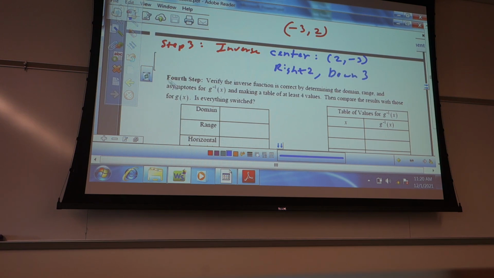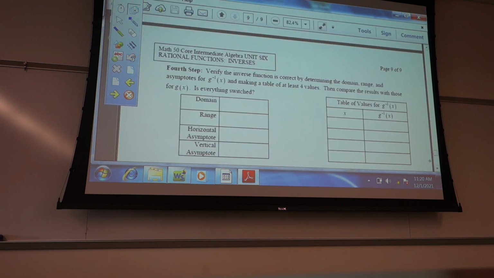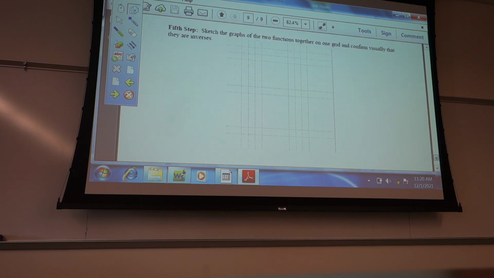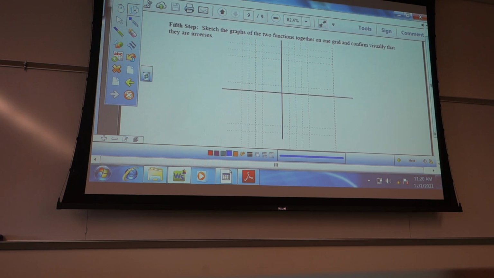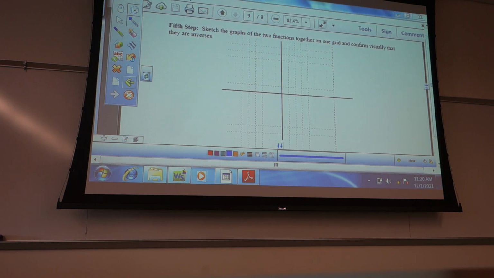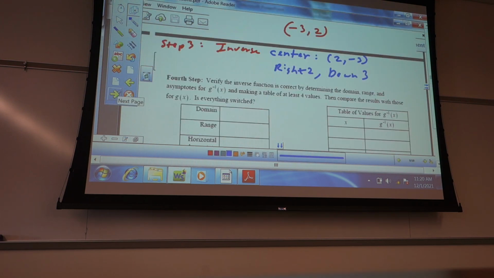Perfect. So then I go back to my step 5, and I graph in my other one, which is a little bit easier when they're not both on there. But you said right 2, down 3.